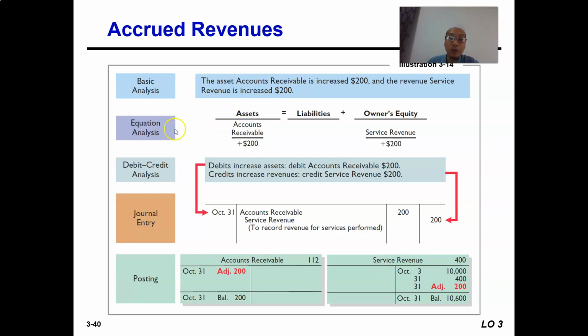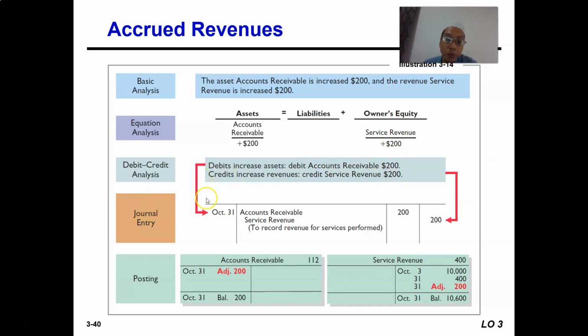In the accounting equation, assets increase by $200 and revenue increases as well. In debit and credit terms, to increase accounts receivable we debit the asset, and to increase service revenue we credit it.